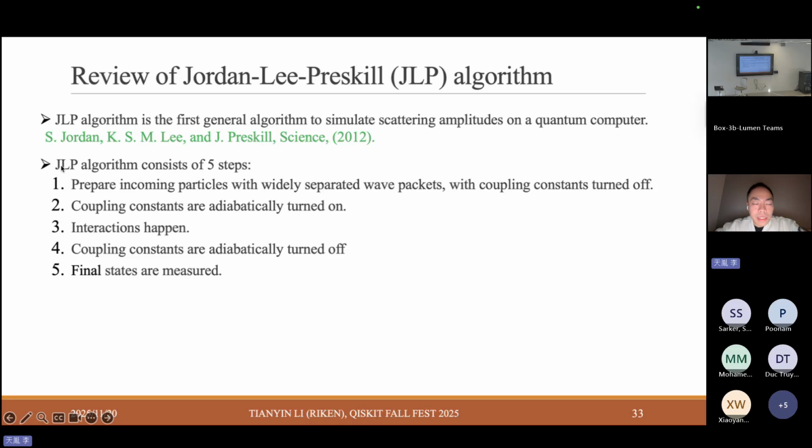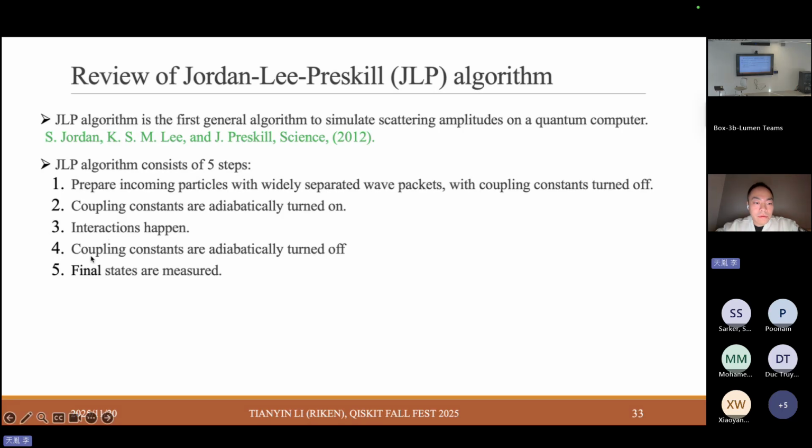There are five steps in this JLP algorithm. Firstly, they prepare incoming particles with widely spread wave packets, and during this they turn off the coupling constant. Then they adiabatically turn on the coupling constant, and some interactions happen, such as scattering between the particles.